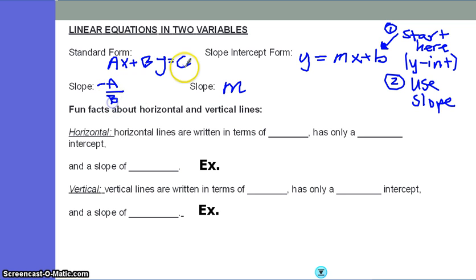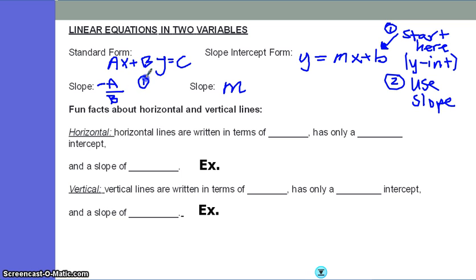Now in standard form, your slope is actually the opposite of a over b. And I want you to think about this. If you got this into y equals form, wouldn't you subtract ax and divide by b? Same thing. Slope is negative a over b. Now, a couple things to notate about this one. To graph it, we're going to graph using the intercepts.